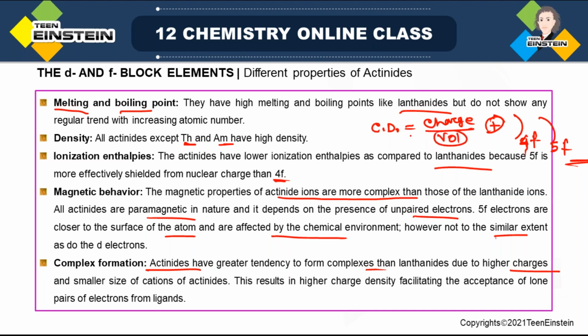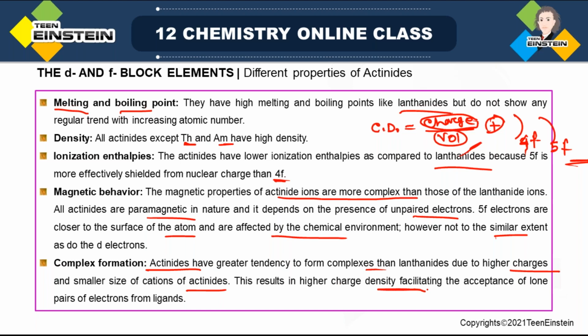Now volume is directly related to size. Fine. So here the size of cation of actinides is very small and charge is high. Now what will happen? Charge density will be high, and when charge density is high, complex formation tendency will also be very high. So they have greater tendency to form complexes compared to lanthanides.